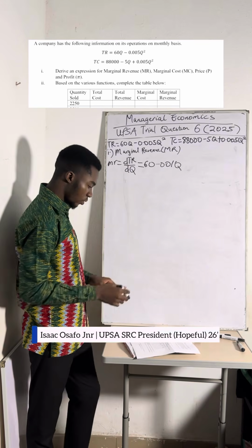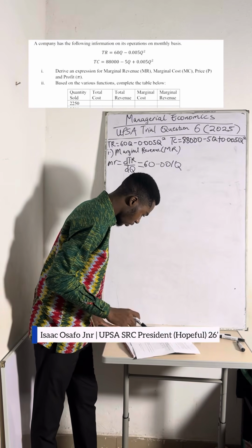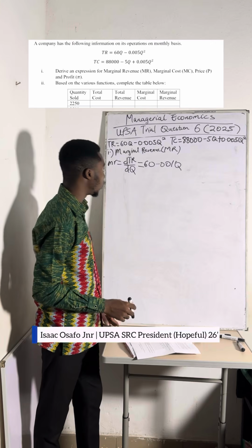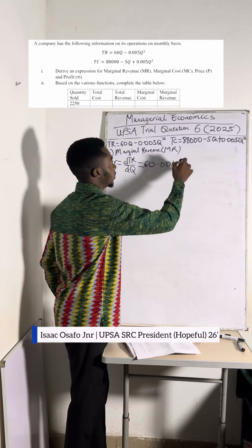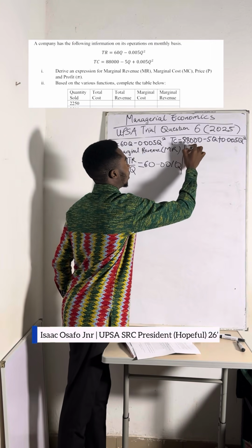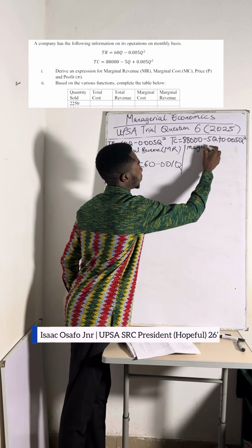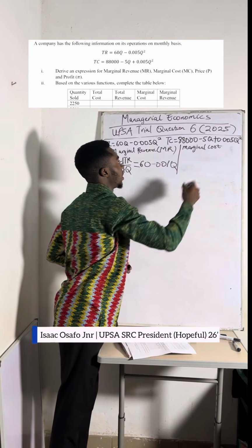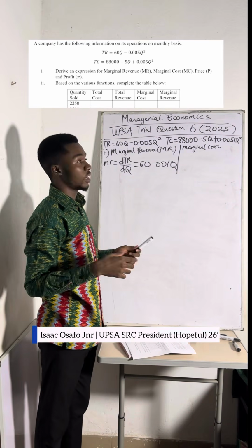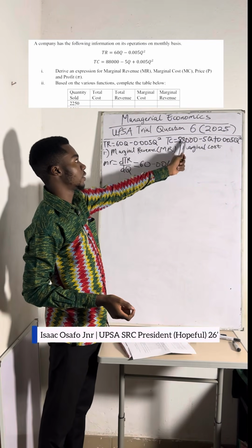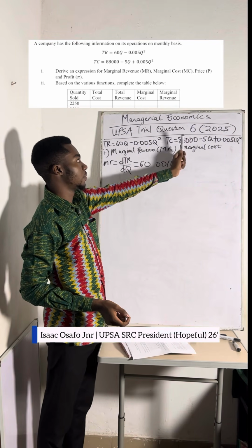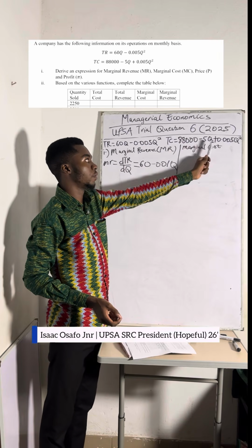All right. Now, what's the next thing they asked us to find? They also asked us to find the marginal cost, right? So let me do that one here. Marginal cost. So for the marginal cost, it's going to be similar to it. We've already been given the total cost function, which is 88,000 minus 5Q plus 0.005Q squared.